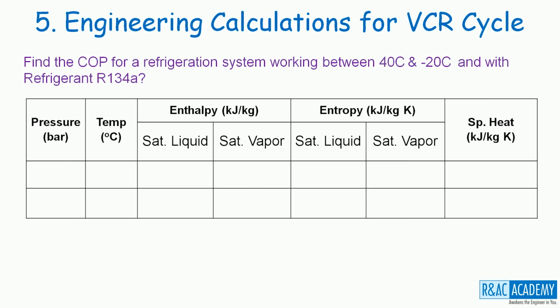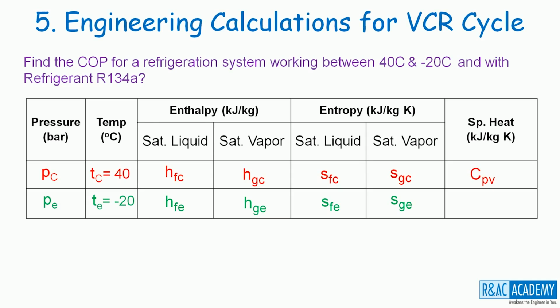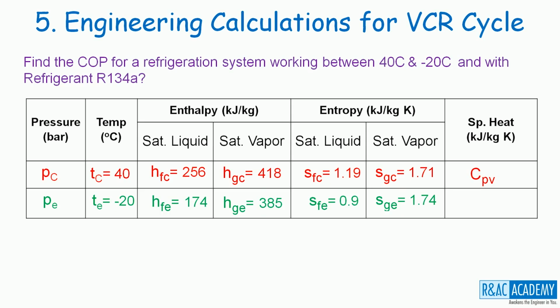So first task is to populate this table. Let us see what are the data that are given to us. We are given TC is equal to 40 and TE is equal to minus 20. For these reference temperatures, we need to collect the enthalpy and entropy values from R134a property tables.